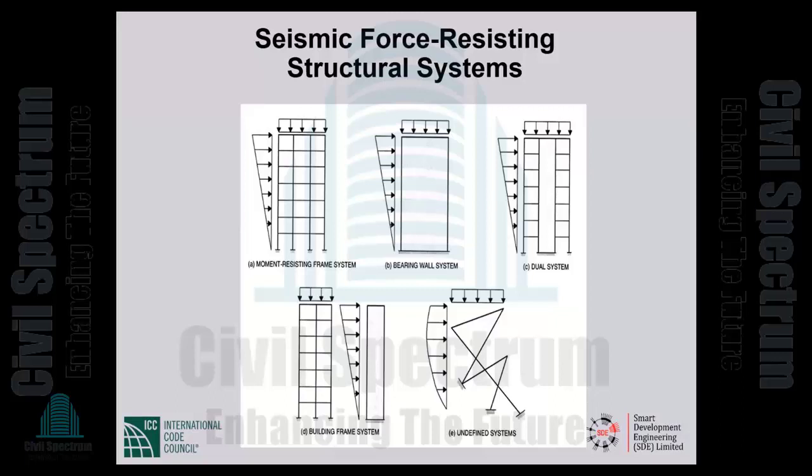If we design the frames based on interactive analysis, the columns at the bottoms of the frames would be very flimsy, because remember, at the bottom, entire base shear goes to the shear walls, nothing comes to the columns. We cannot design on that basis. So the columns in the lower levels of the frames are designed based on this 25% of the design base shear having to be carried by the frames. So that is a dual system.